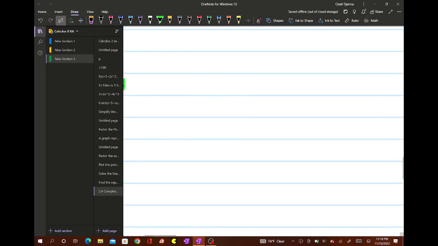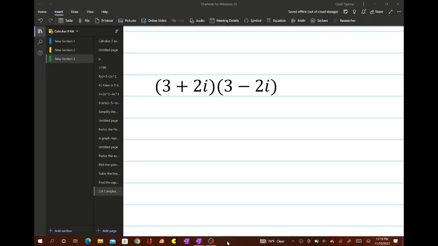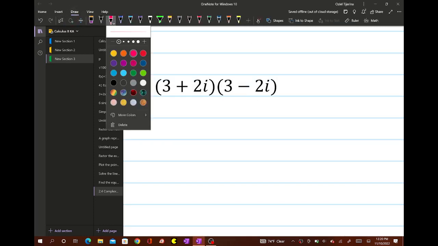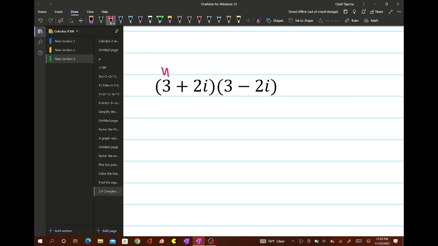So if I do an example, all we really have to know is the sum and difference pattern. Let's say that this is u, and let's say that this is v.